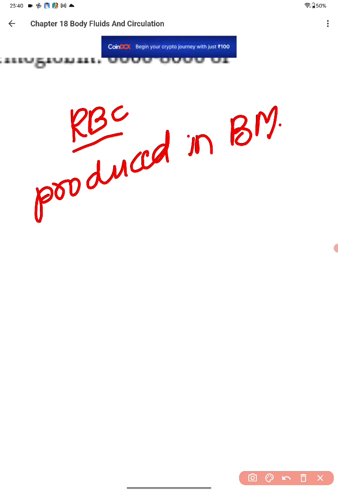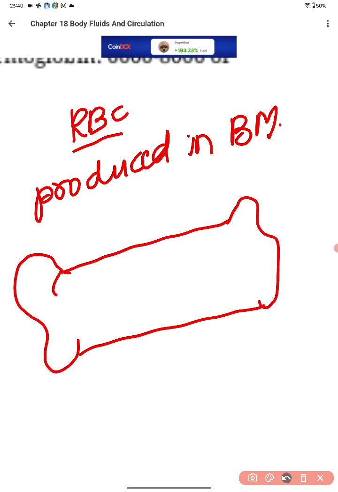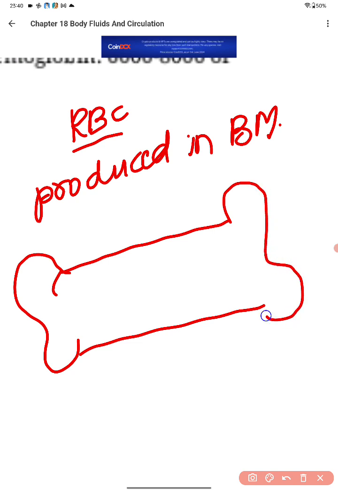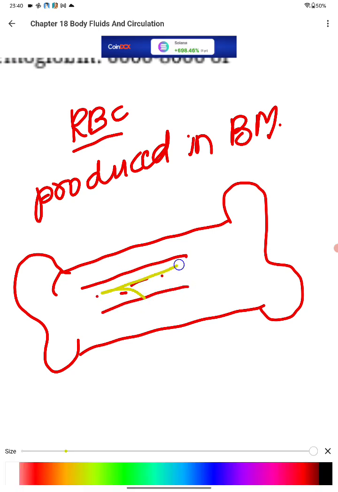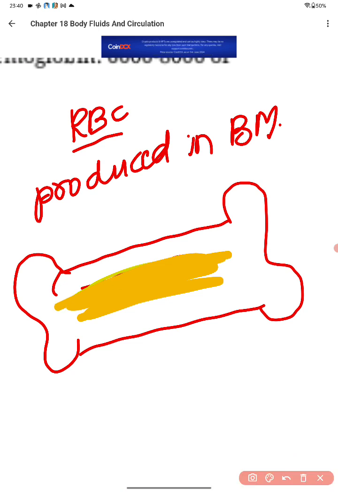Bone marrow is inside your bones, and these bones have some empty space inside which is filled with fat, and this produces lots of RBCs. This is under the influence of hormones like erythropoietin.